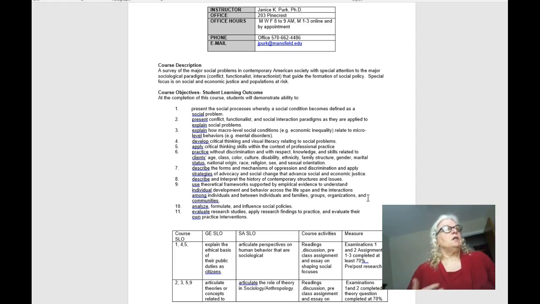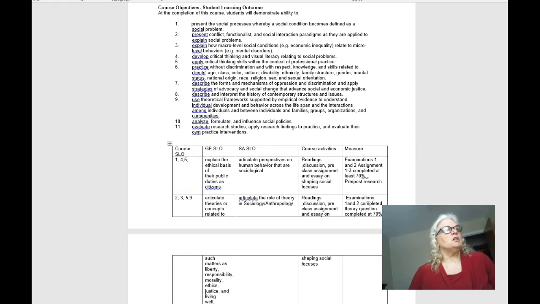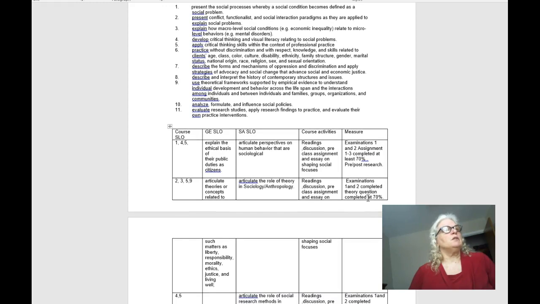As with every course, the course description from the catalog is there and the course objectives are there. And we have a lot of course objectives as far as student learning outcomes. The goal of social problems is to help us look at society and the problems within it. Sociology is the study of society, looking at what goes on as far as groups and organizations.